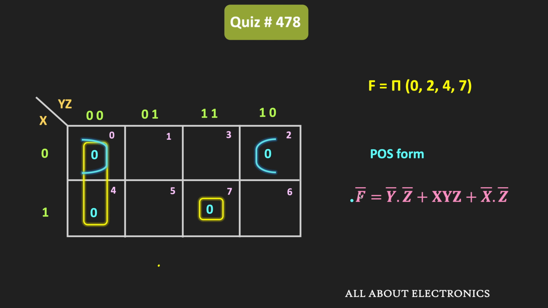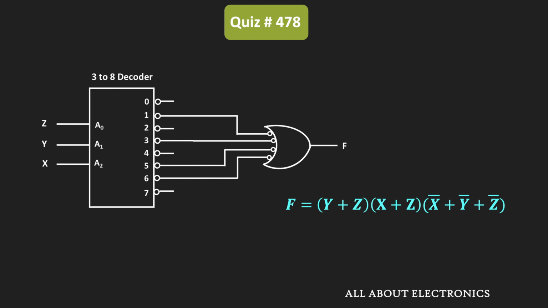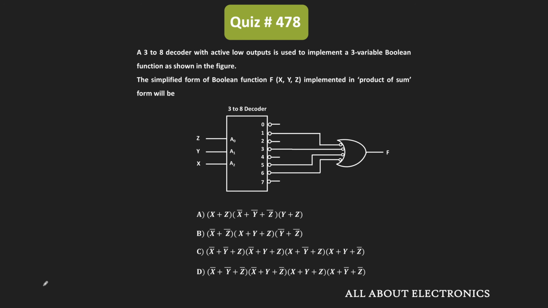Now, if we take the bar of this entire term, then using De Morgan's law, we can easily find F. F is equal to Y plus Z dot X bar plus Y bar plus Z bar dot X plus Z. That means for the given logic circuit, this is the minimized expression in the POS form. And therefore, we can say that for the given question, option A is the correct answer.